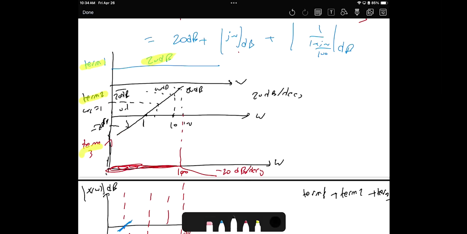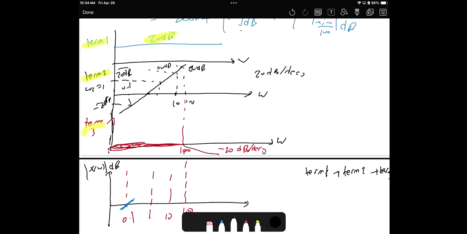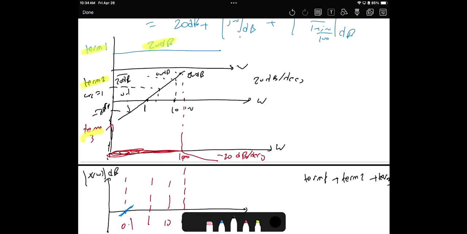So here it should be 1, I skipped 1. The zero intersection here was at 1. Then at 20 dB, we expand. So here is 1, and here is 10. At 10, it will be 20 dB. At 100, it will be 40 dB.